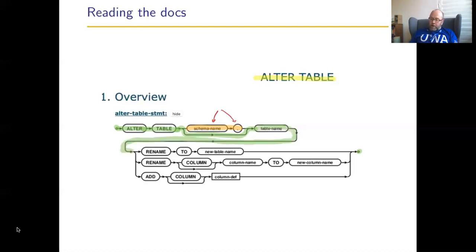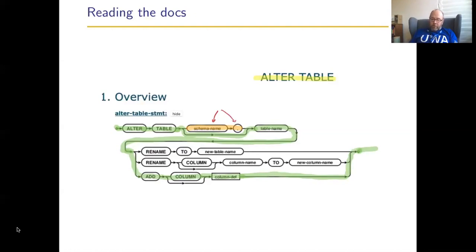Okay, what can I do? Well, I can add a column, and then a column definition is as we saw before, and then that will take us out to the end. Okay, any different path through that little diagram gives you some alternative way of writing an alter table statement that will do something else.